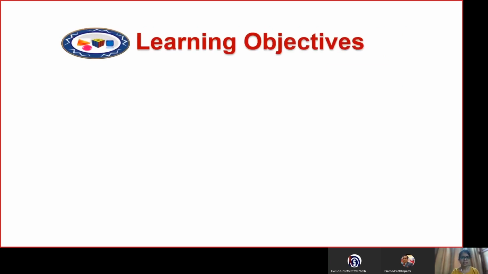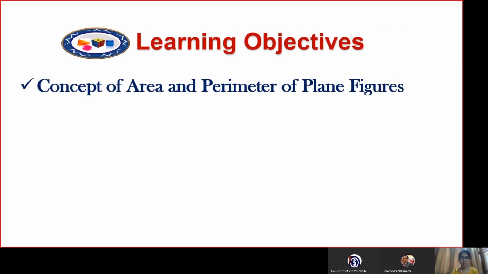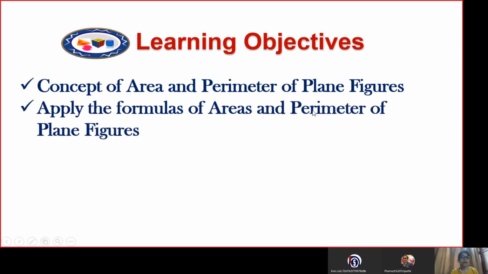Now, in this topic, children, the learning objectives are: we are going to understand the concept of area and perimeter of plane figures. Plane figures meaning 2D figures, two-dimensional figures which can be made on a sheet of paper. Applying the formulas, we learn how to apply the formulas of area and perimeter in adequate questions.